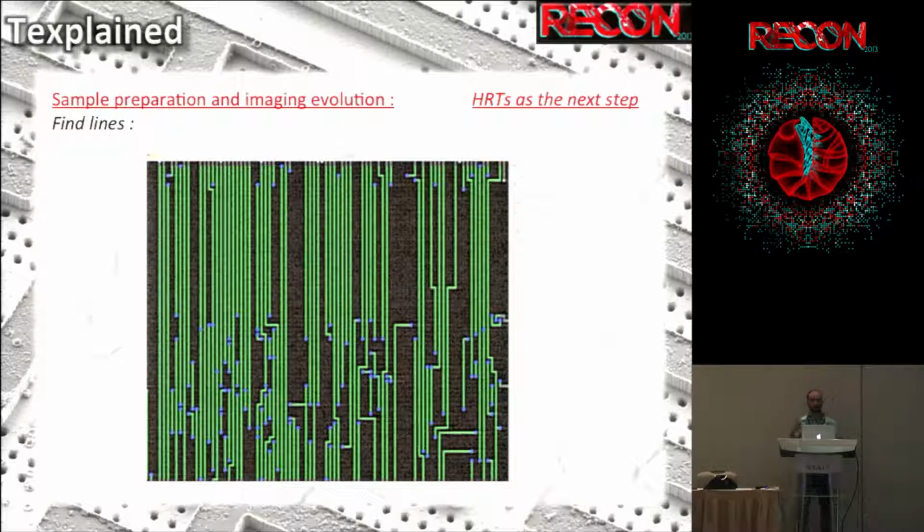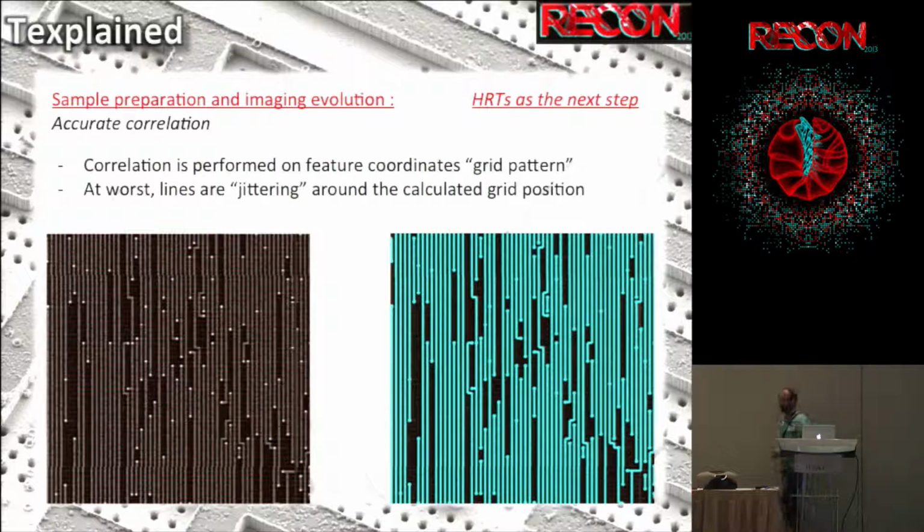We wanted to extract every picture and put them together because it's easier, but it's true also for the core. So at the end, you stitch the pictures together, and the worst case scenario here, there are 3 pictures, and I don't know if it's noticeable, but the worst scenario is the lines are jittering a little bit around the grid line because of the detection mechanism. Where is the line detected?